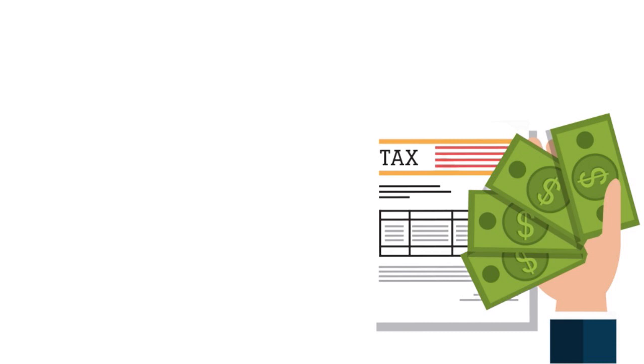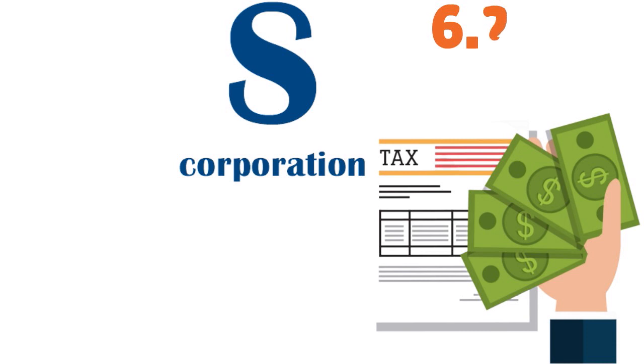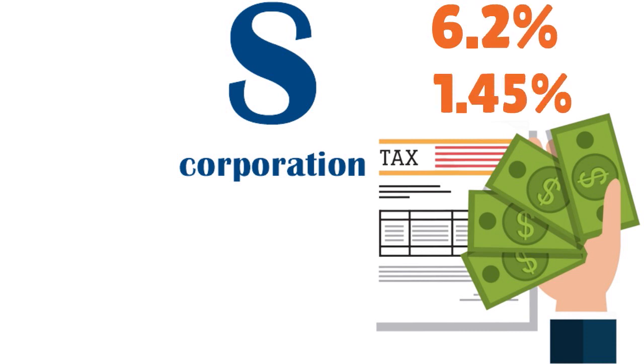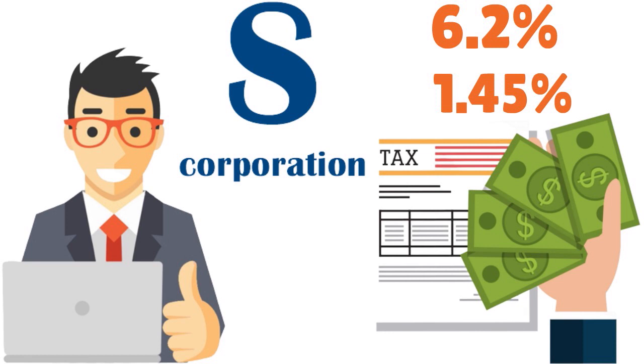So if you were to switch to an S corporation, you are actually saving more money. This is because employers pay another 6.2% for Social Security and 1.45% for Medicare without passing it on to employees. So self-employed people pay both taxes. They pay both halves of the tax.